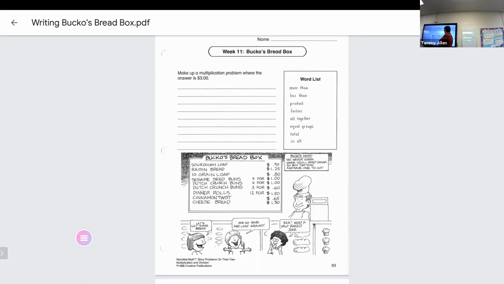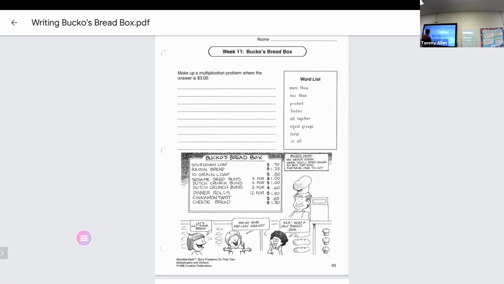$1.30 times 2, is that what you said? We'll multiply. $1.30 times 2 is $2.60. $1.50 times 2 is $3. So what are you wanting to buy? Dinner rolls.